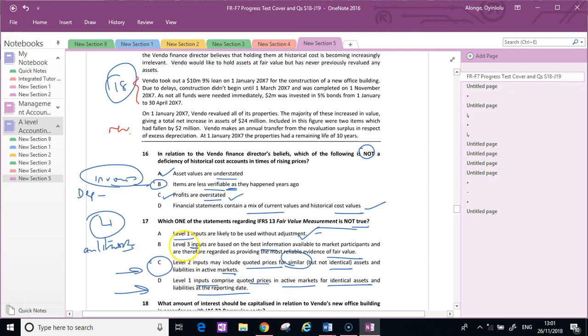So really the best information is the open information that everybody has available, and that's the level 1 inputs. So the answer here is, because it says which is not true, and yes, although it does include the best information, it isn't pretty much the most reliable because not everyone has access to this information. So the answer here is B.